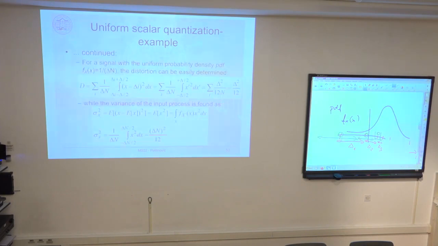Here the error is simply x minus delta times i, because this is a quantized value, simply an integer number times the step size.